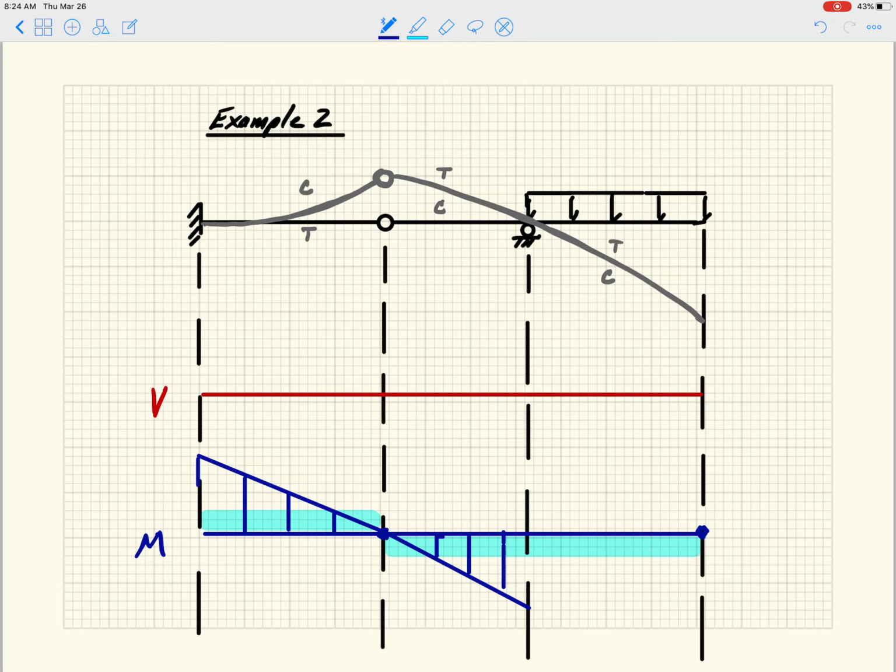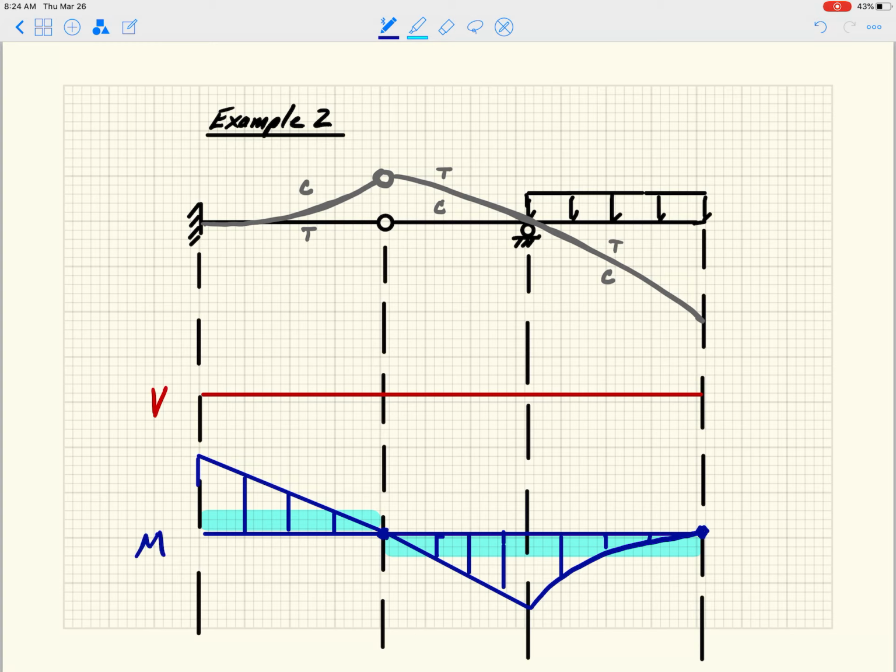And then if we look between the roller and the end of the beam, now that is a uniformly distributed load, and so we're going to have a quadratic moment diagram, and that quadratic moment diagram has to be concave in the direction of the load. So because the load is pointing downward, the moment diagram is going to be concave downward, like that.